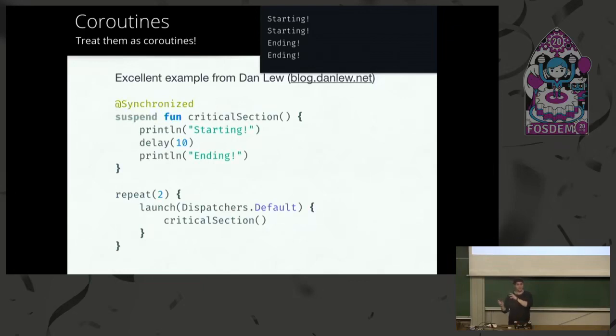And then it releases the lock. So it actually divides this function into two. And when the suspension is done, it's going to acquire the lock again and print the ending and then release the lock. So that's why we can have this order, because during the suspension, the other coroutine comes in and takes over.